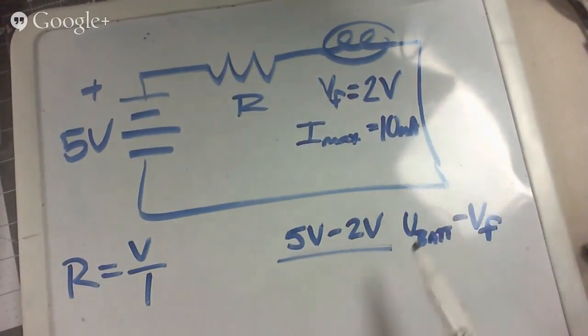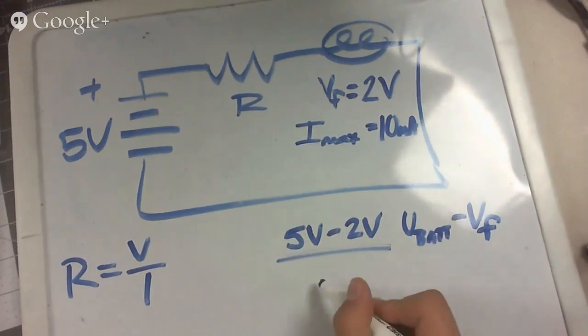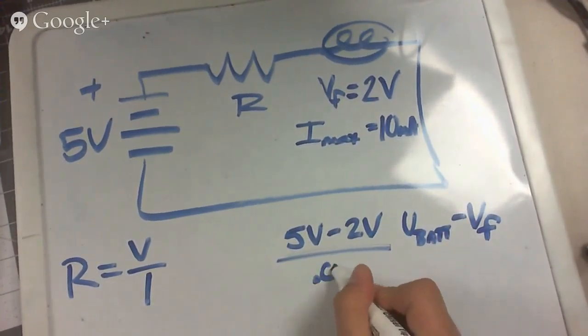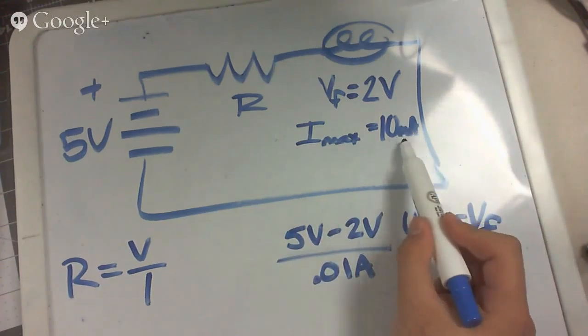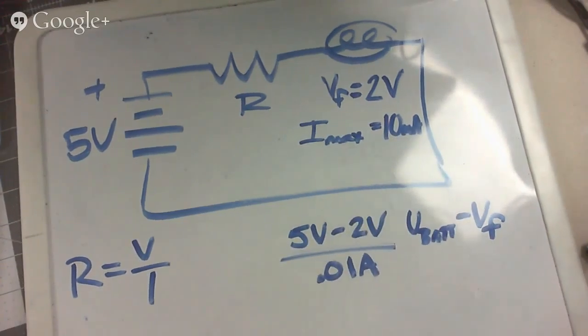10 milliamps is actually 0.01 amps, because milli is 10 to the negative third. So if I move it 1, 2, 3 decimal points to the left, that will get me my amperes.